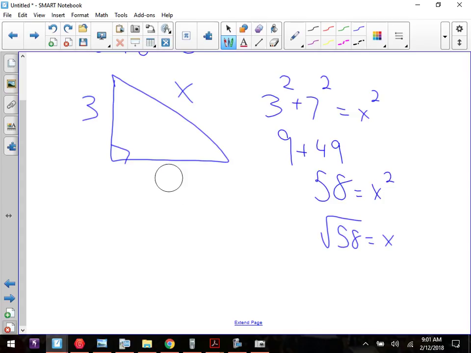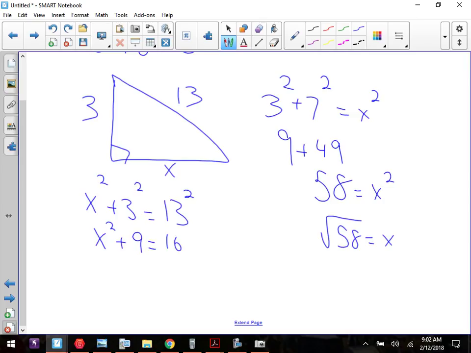What was different if you had that? Yeah, that value of x now is moved to become a leg, and you just have to do one extra step. You'd have x squared plus 3 squared equals 13 squared. So this is the actual equation, and you'd have to do a 2-step with.